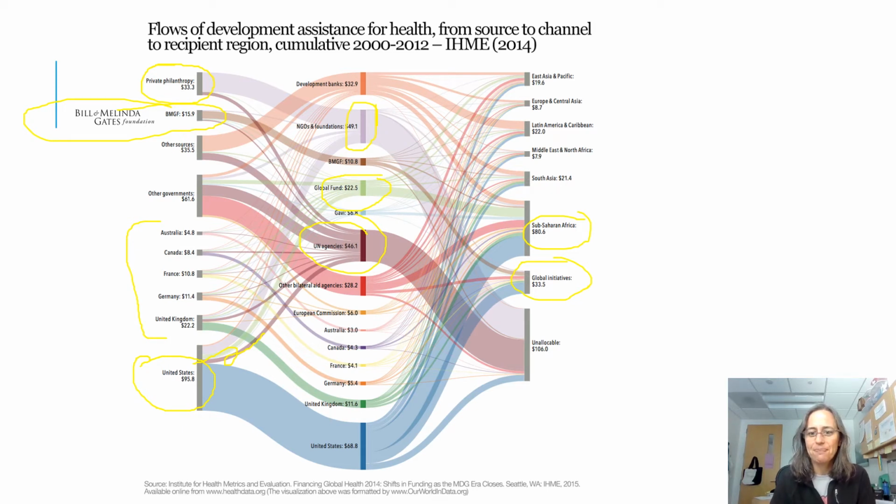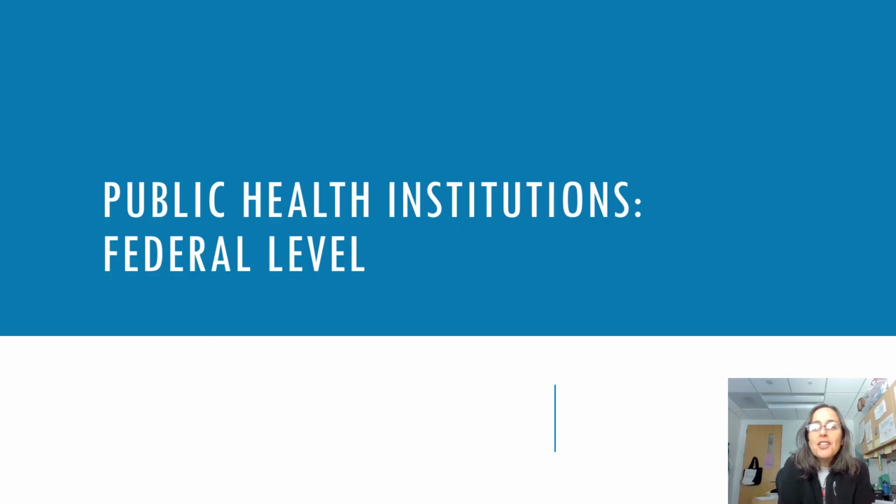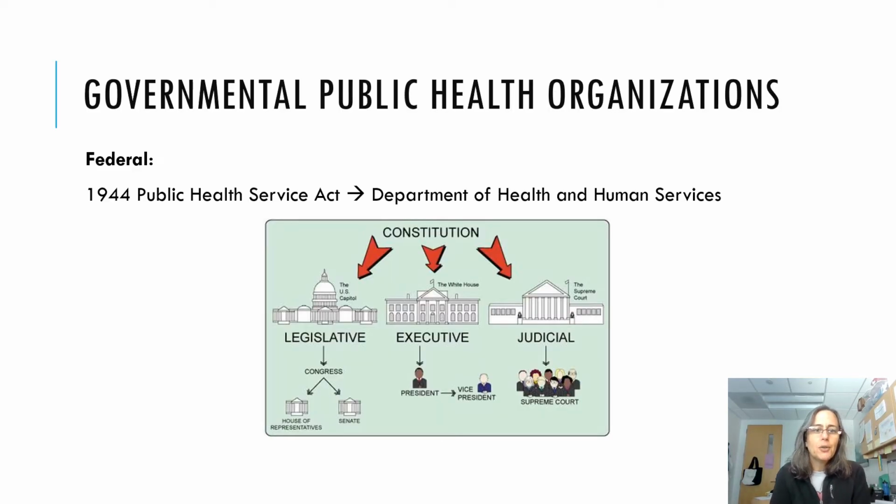Okay. Let's talk about here within our own country. So public health institutions at the federal level, so for the entire United States. So, of course, let's remember that the Constitution established the three branches of government: the legislative, which is Congress, the executive, which is the White House, and judicial, which is the Supreme Court, and then all of those other courts that are underneath it.